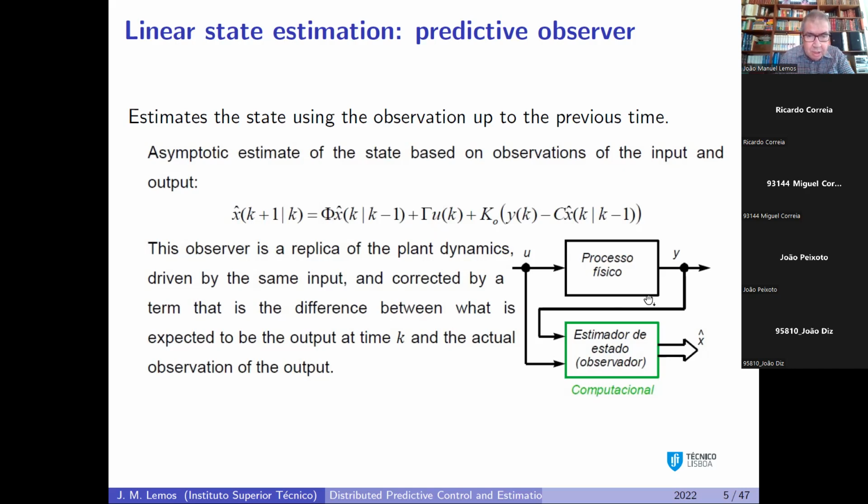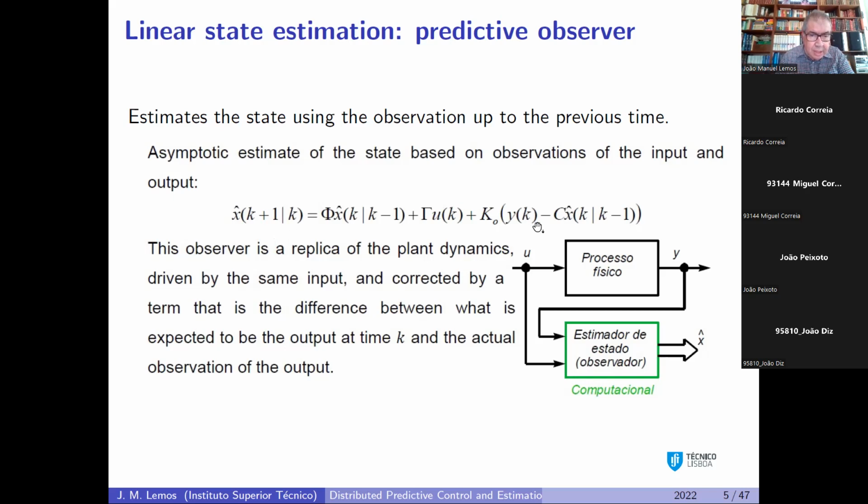The game of the state estimator is to observe y, observe u, and estimate x.